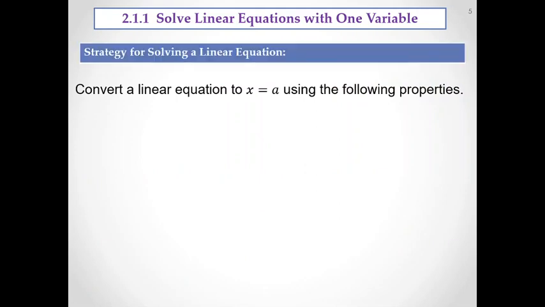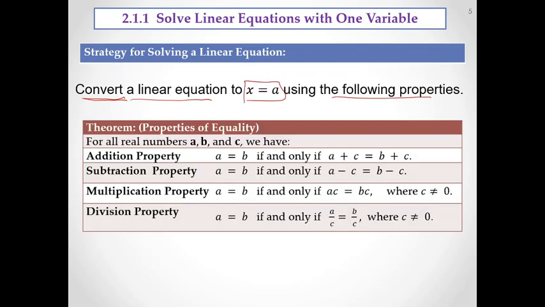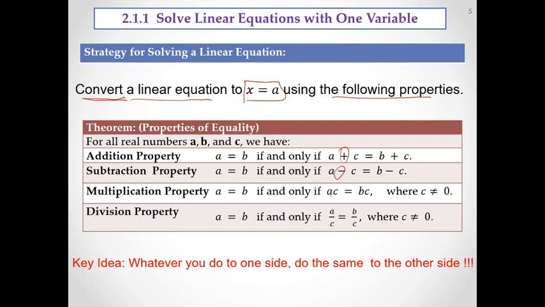The solution strategy is very straightforward. You will convert, meaning change, a linear equation to x equal to a using the following properties. These properties are listed here. It's about addition, subtraction, multiplication, and division. Basically, the rule is whatever you do to one side, do the same to the other side.